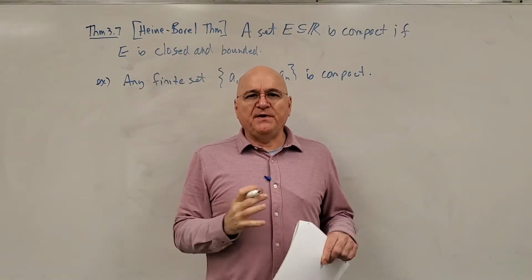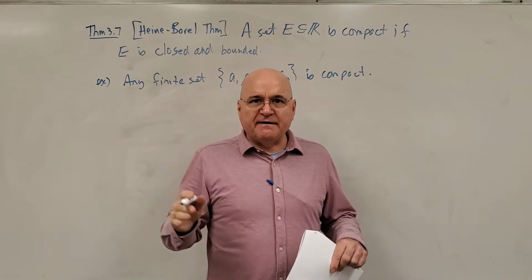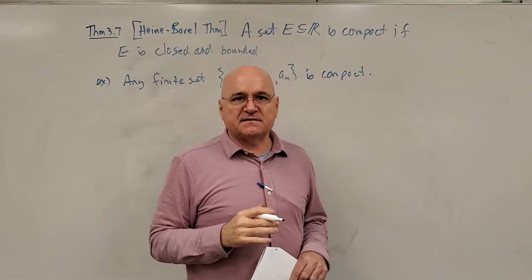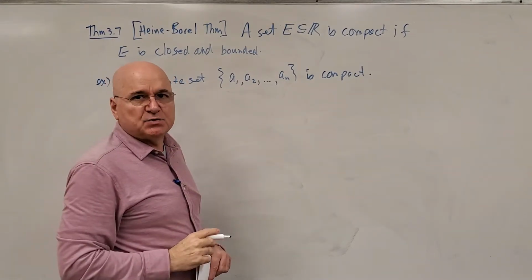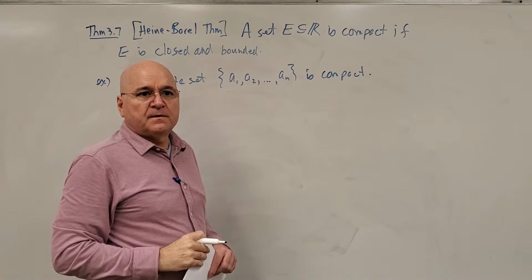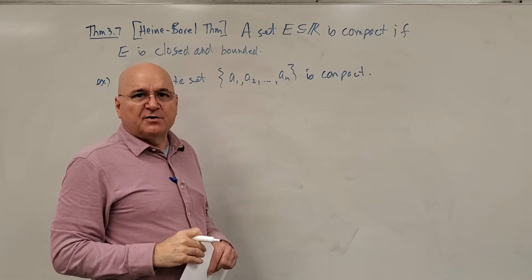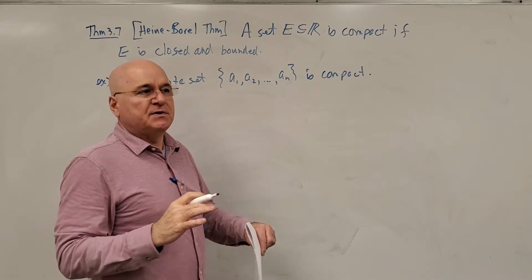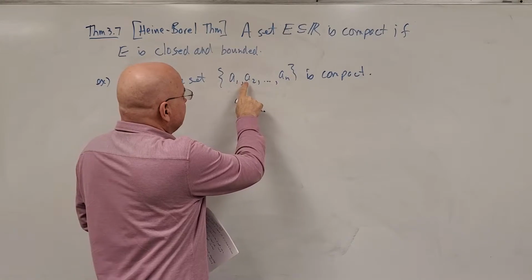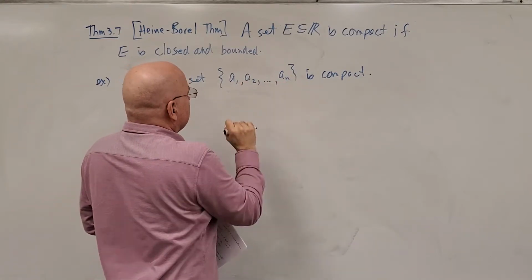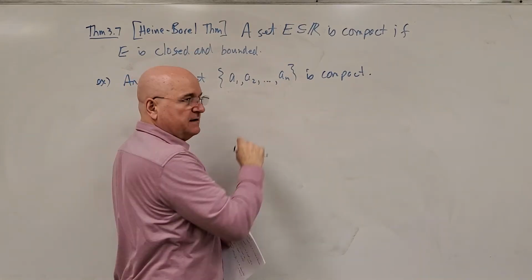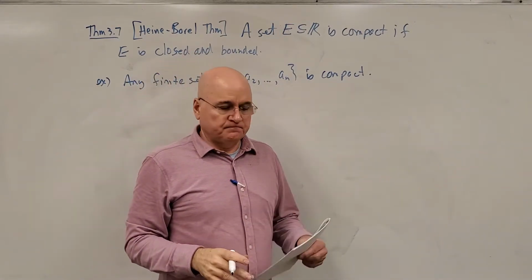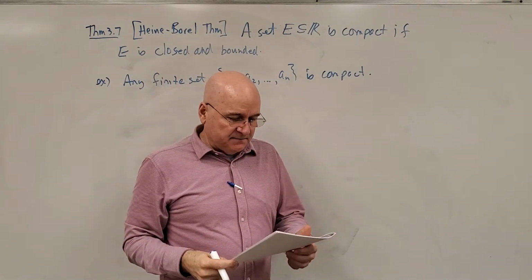If you have an open cover, which means you have the union of a bunch of open sets whose union contains all of these individual points, your finite subcover would contain at the very most one open set for each one of them. So the finite subcover would contain at most n sets.